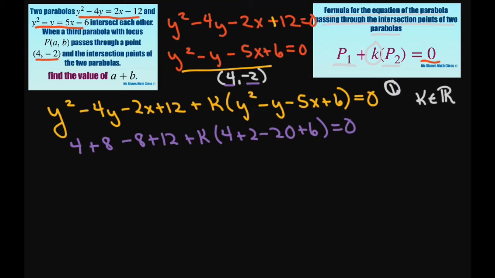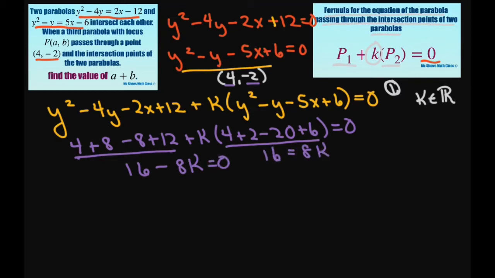All this is going to give you is 16 minus 8k equals 0. So we have 16 equals 8k, therefore k equals 2.